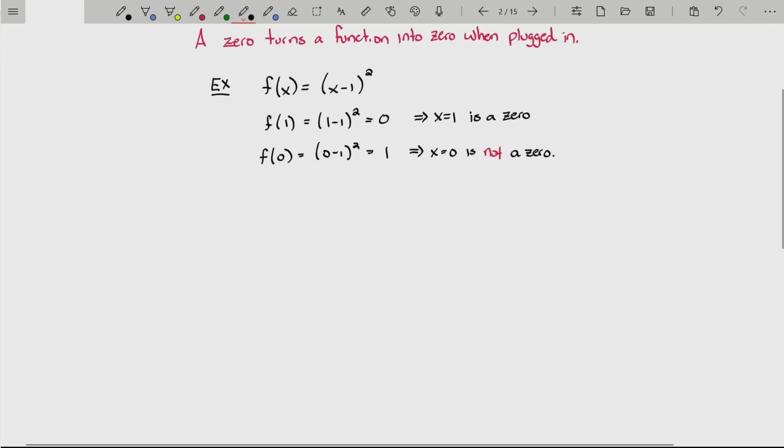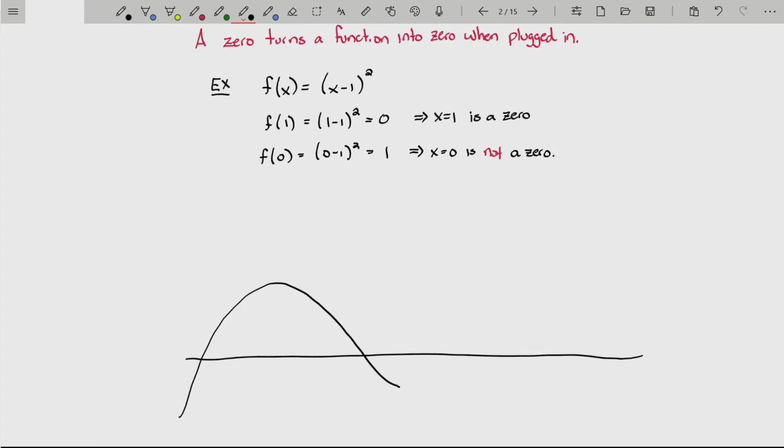Now, if you think about a graph of a function, if I told you, for example, with this function right here that I'm making up, I'll just call it f, and let's pretend this is an x value of -5, this is x value of 1, and this might be an x value of 3.